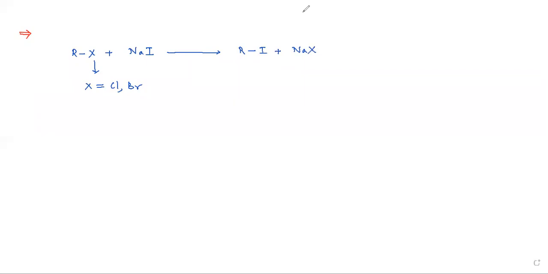See, this reaction is a very important reaction called Conant-Finkelstein reaction, or simply Finkelstein reaction.